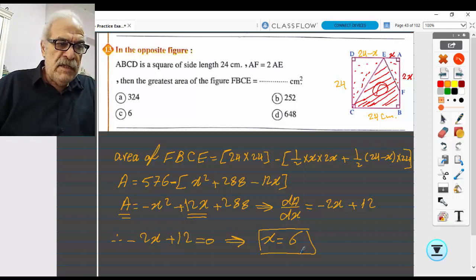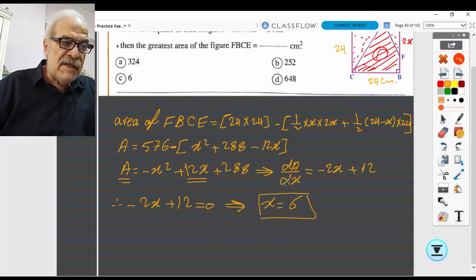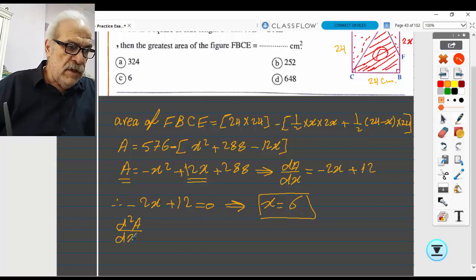It's easy here to check it using the second derivative of the area. What is the second derivative? d2A/dx squared equals negative 2 plus 0.